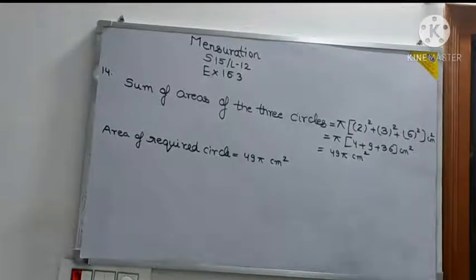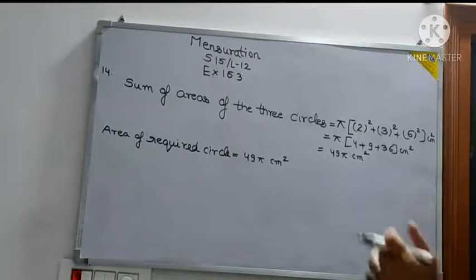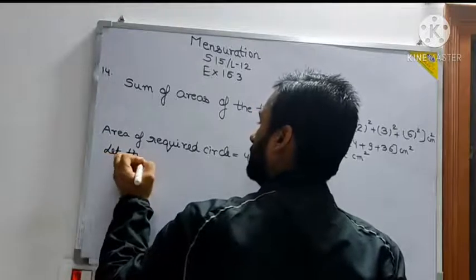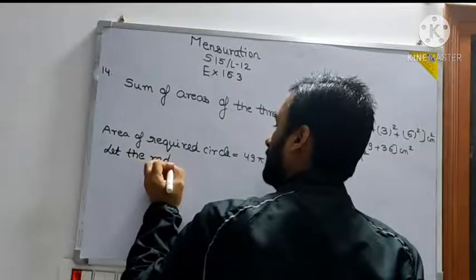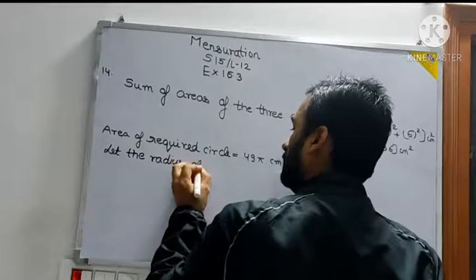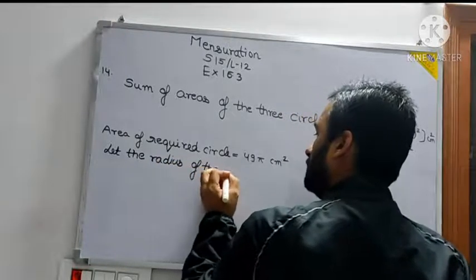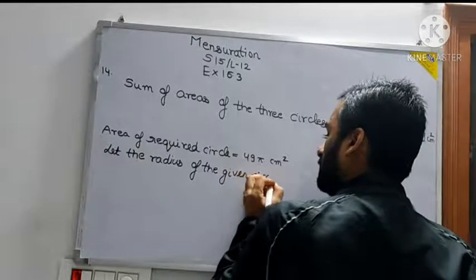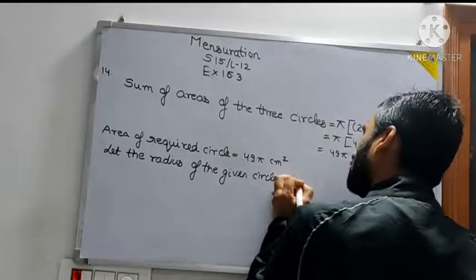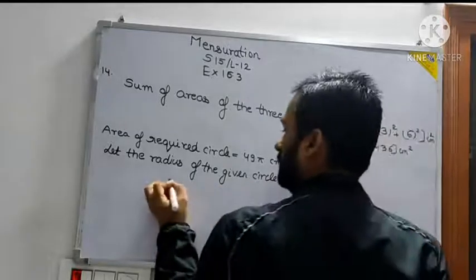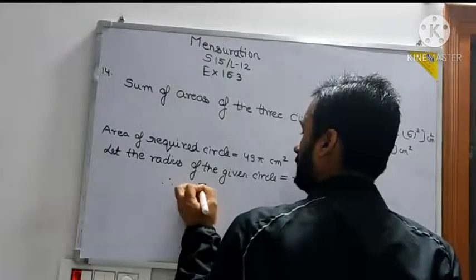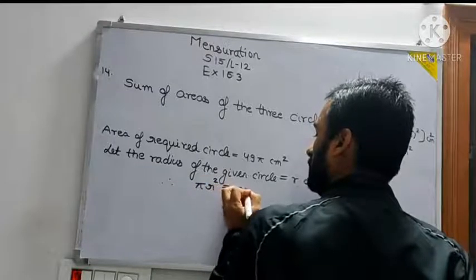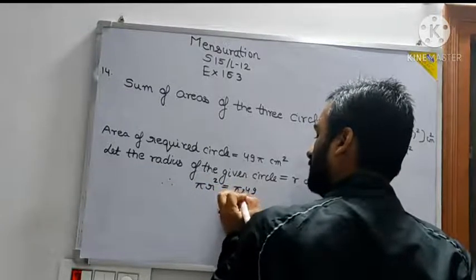So let the radius of the given circle be r centimeter. Therefore pi r square is equal to pi into 49.